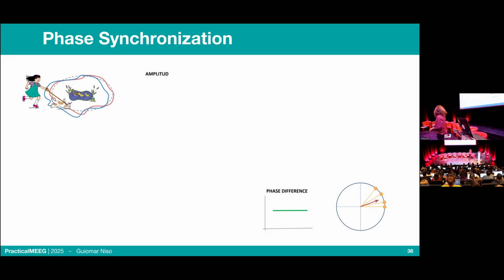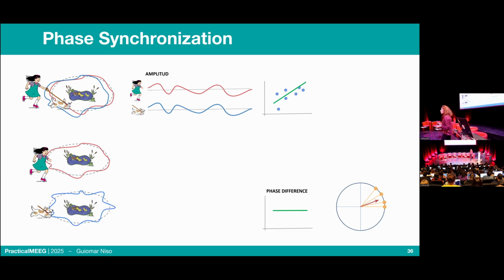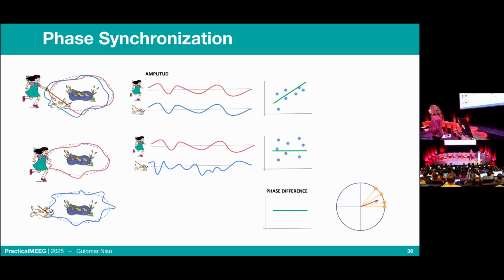If you have your dog with you, the amplitude of the path you follow and the path your dog follows would be very related. So if we do a correlation, it will be correlated. But imagine you go alone and your dog goes alone. If we measure the amplitude of the signals of the girl and the dog, they may not be correlated.